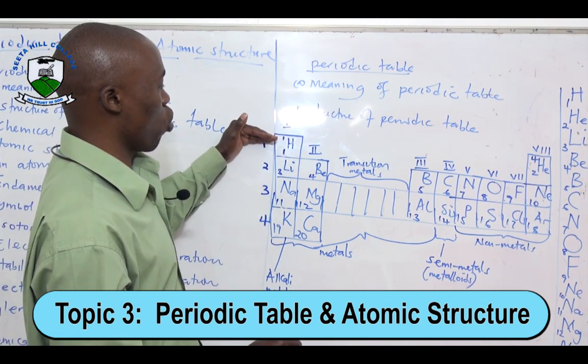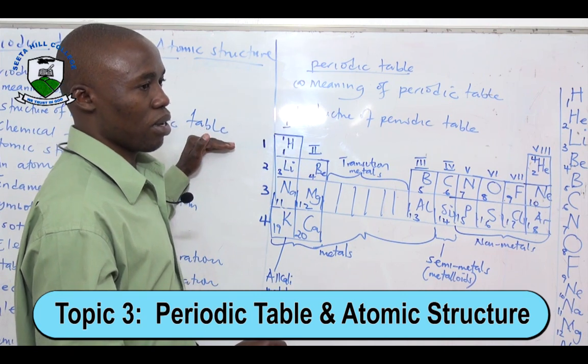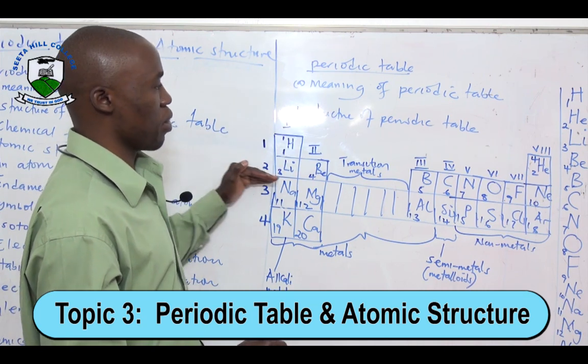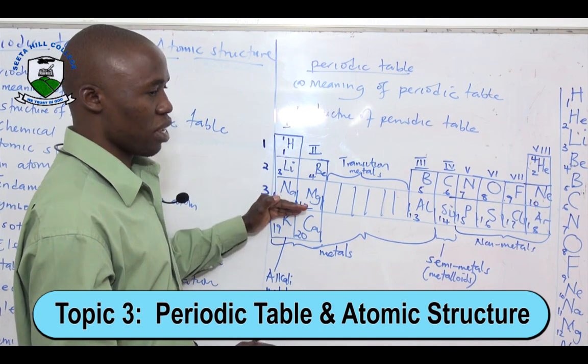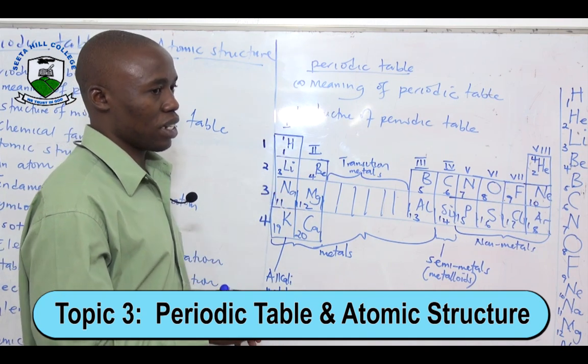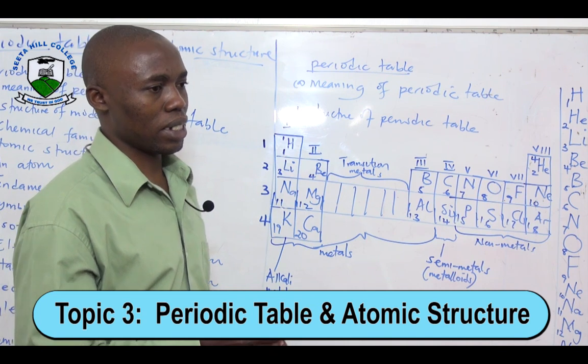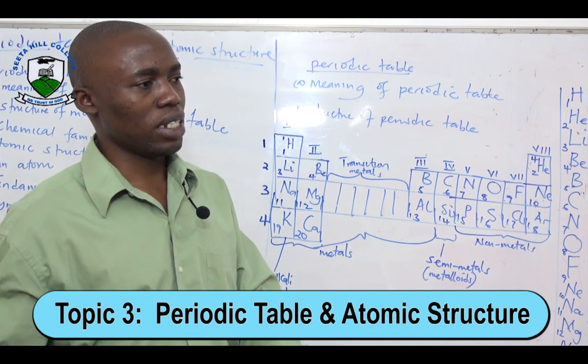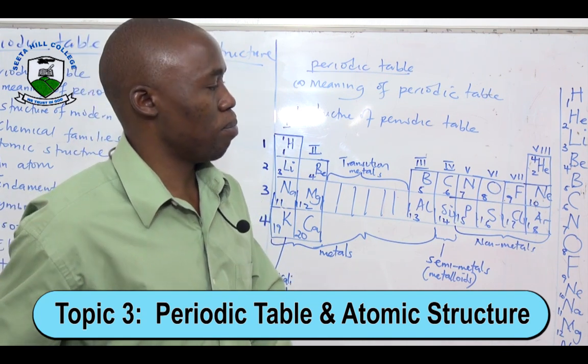This is period 1, period 2, period 3, period 4. That means the periodic table is arranged in form of groups and periods.